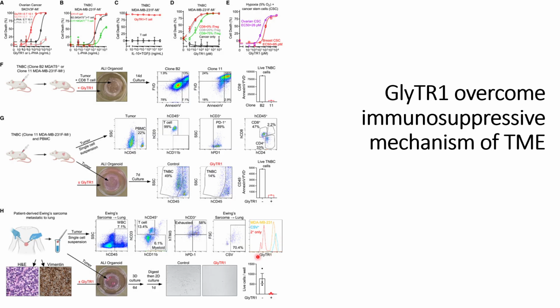However, in the case where tumors are co-cultured with GlyTR1, the amount of GlyTR1 is lower. So what is shown here is that when the tumors are alone the GlyTR1 requirement is high.